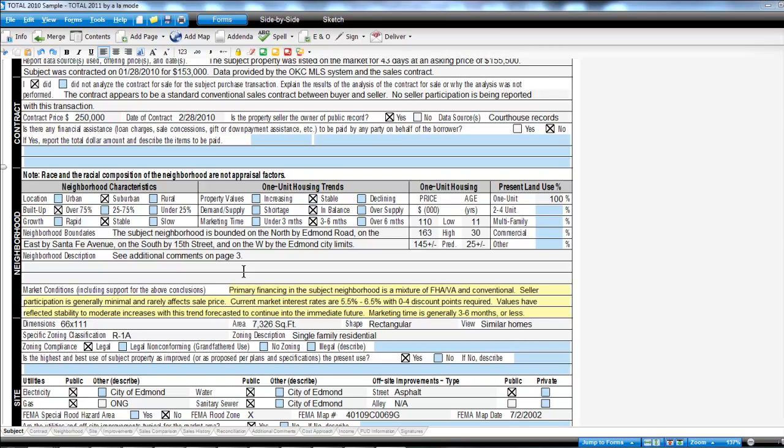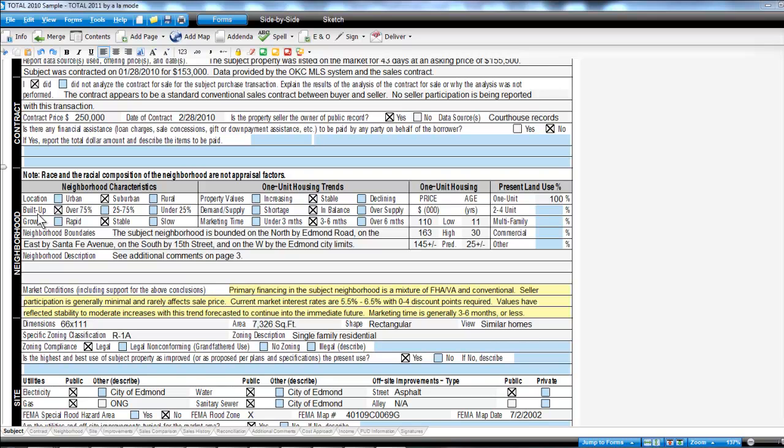For others of these that are essentially the same for all the properties in a broad market area like the Silicon Valley, it's probably not as important in terms of what you choose. If one appraiser would say, well, I think this is an urban area, and you would say, no, it's a little further out, we'll call it suburban, those kinds of things are really more semantics than impact on value. So with that, let's go ahead and continue on down.